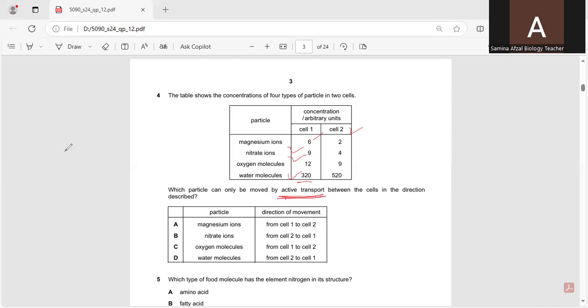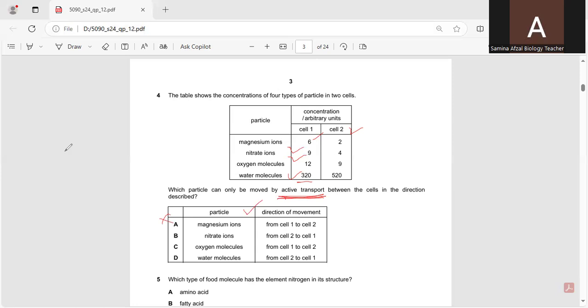Active transport is a process in which molecules and ions move from a lower concentration towards a higher concentration. According to this, we have to find out which particles will move by active transport. Magnesium ions are greater in cell 1 in comparison to cell 2, so option A is not correct, because they will not move from cell 1 to 2; they have to move against the concentration gradient, so they should move from cell 2 towards cell 1.